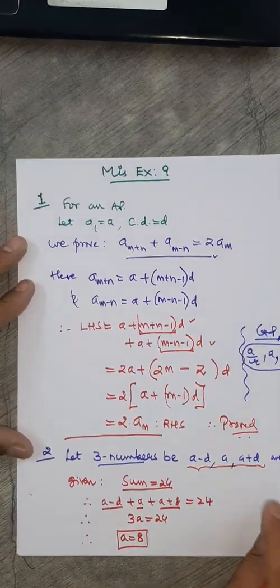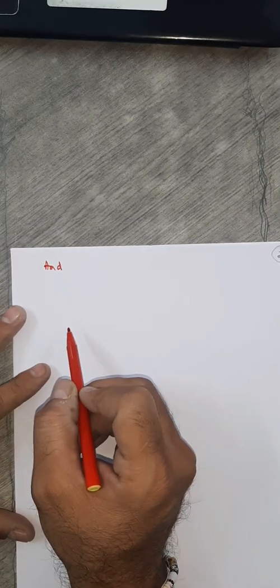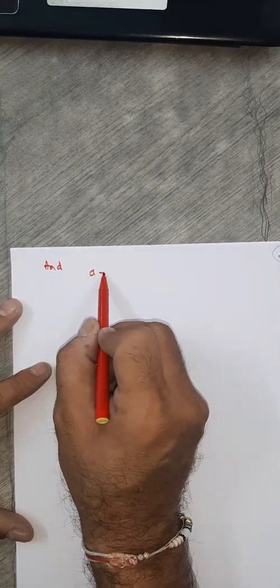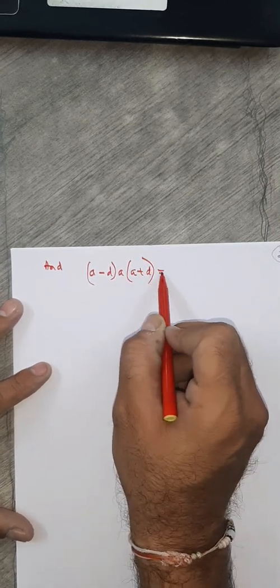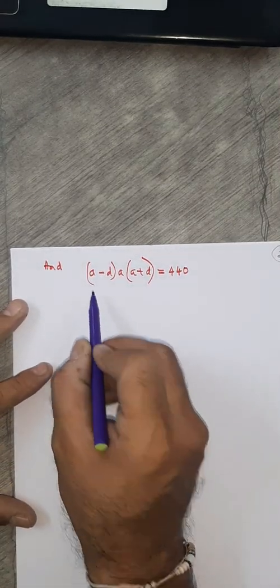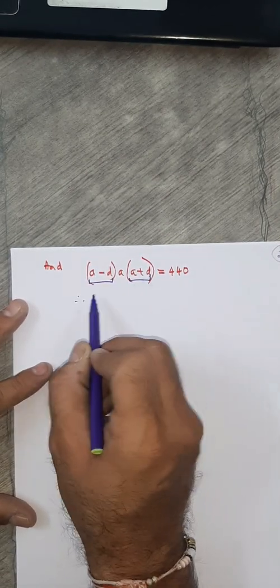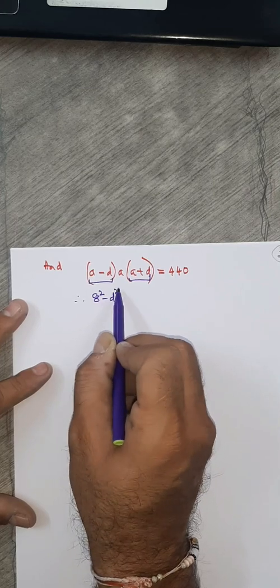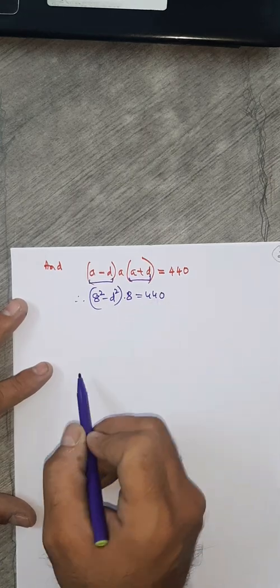Fine. And one more condition you are given. What is that condition? The product is 440. So (a minus d) into a into (a plus d) equals 440. We know a, so from this we'll get d. A is known to us, which is 8. If you combine these, this is (8 squared minus d squared) into 8 equals 440.